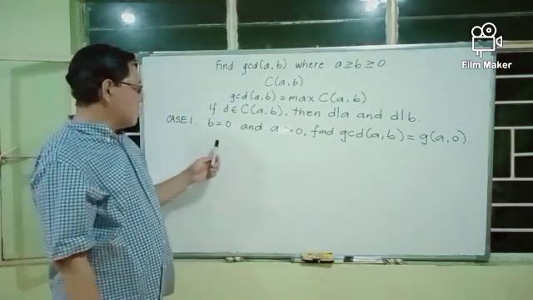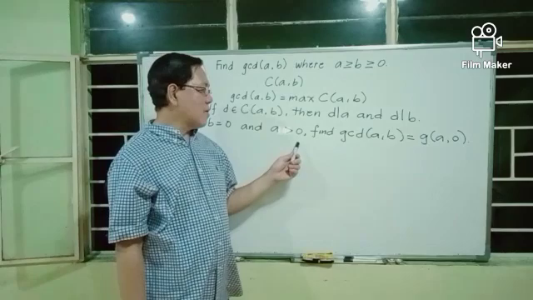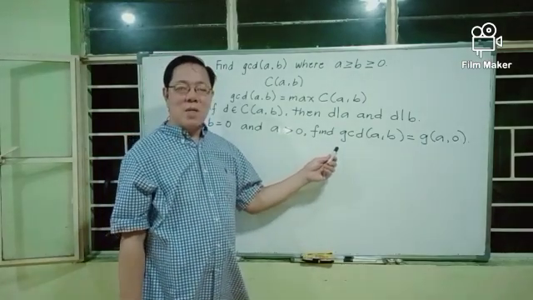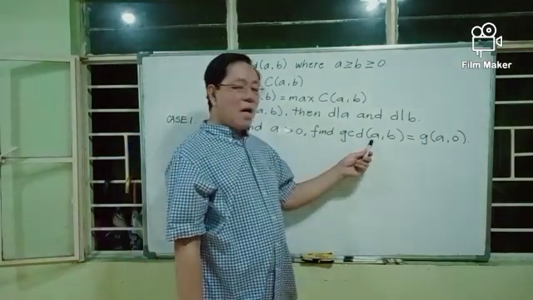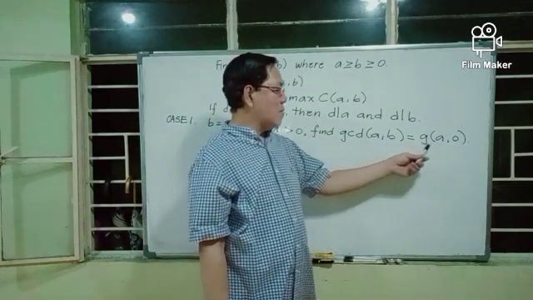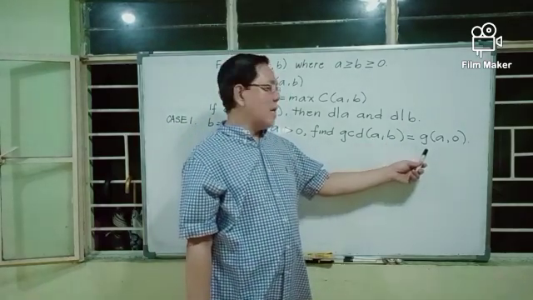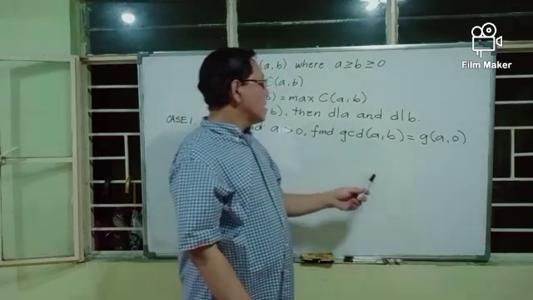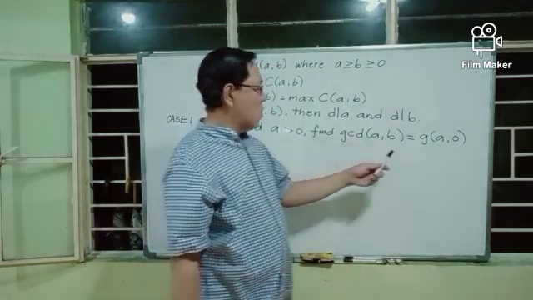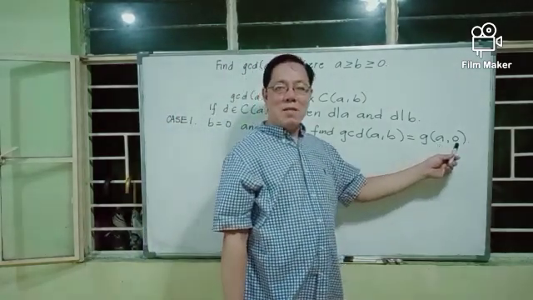Again, if b is 0 and a is a positive integer greater than 0, we find the greatest common divisor of ab. A is greater than 0 and b is equal to 0. So we actually find the greatest common divisor of a and 0.